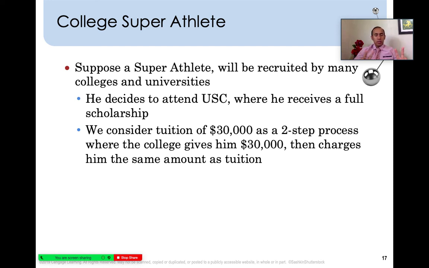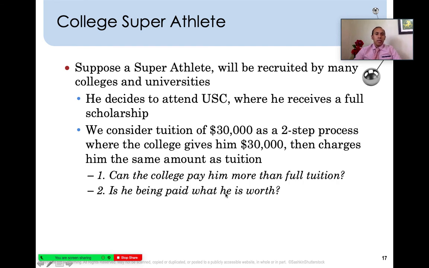So there's two steps. You get accepted to USC. We'll give you a $30,000 scholarship, and you now need to pay $30,000 in tuition. Essentially, both of them balance off, but there's two steps. So it's the same amount.